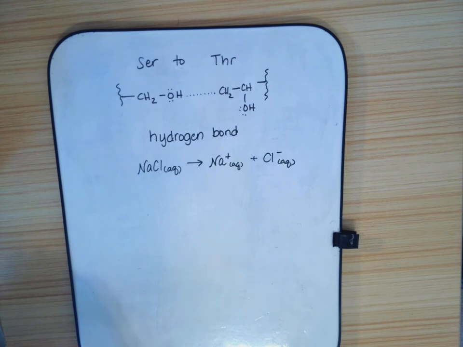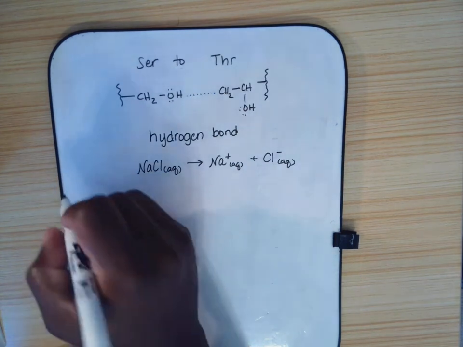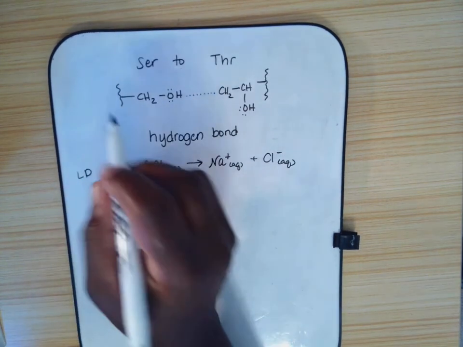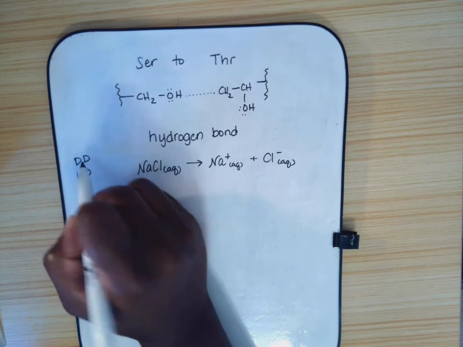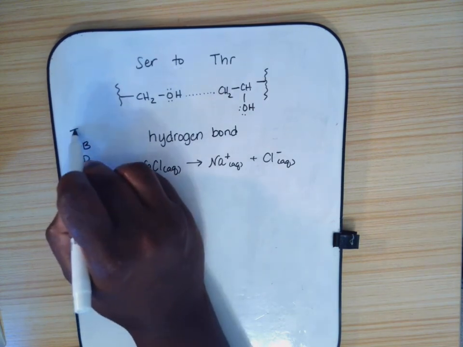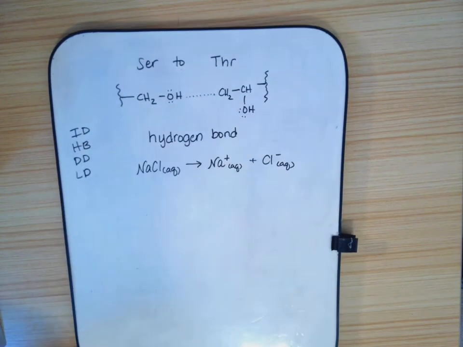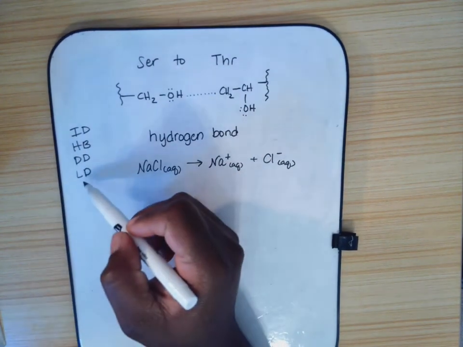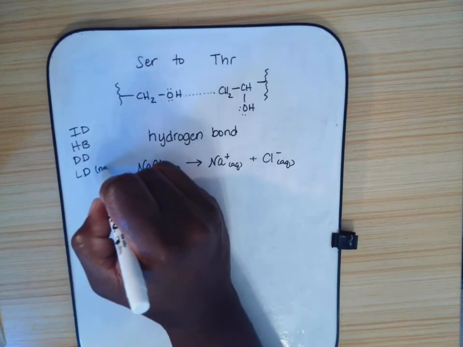So if you think back to the intermolecular forces that you learned about in 1151, you learned about London dispersion forces, you learned about dipole-dipole forces, you learned about hydrogen bonding forces, but you also learned about ion dipole forces. London dispersion, those were nonpolar.